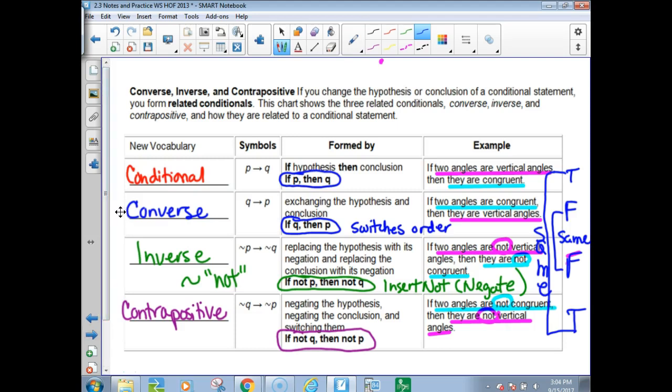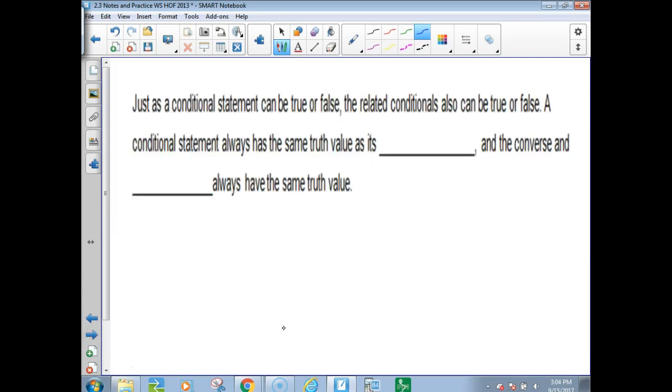I guess I could have done it here maybe. These have the same truth, whether it's true or false. And the first and the last have the same truth. We're going to put this in our ISN anyway, so let's just continue on.